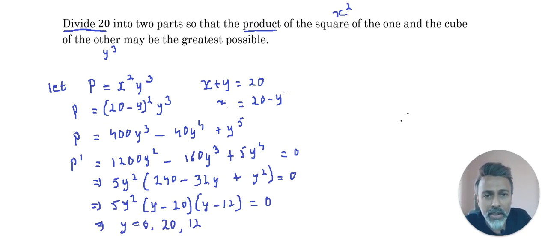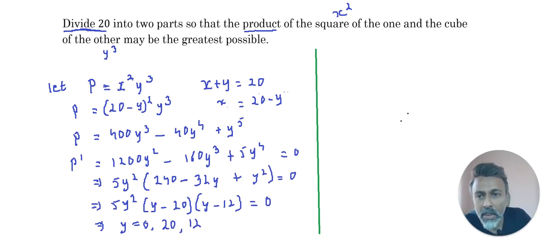After doing this much, we are in a position to at least reject 0 and 20, because if y is 0, then the product would become 0, and that cannot be the greatest value. Greatest means maximum. And if you take y as 20, then x would be 20 minus 20, which is 0. So we know the answer is going to be with 12, but we have to take the second derivative.